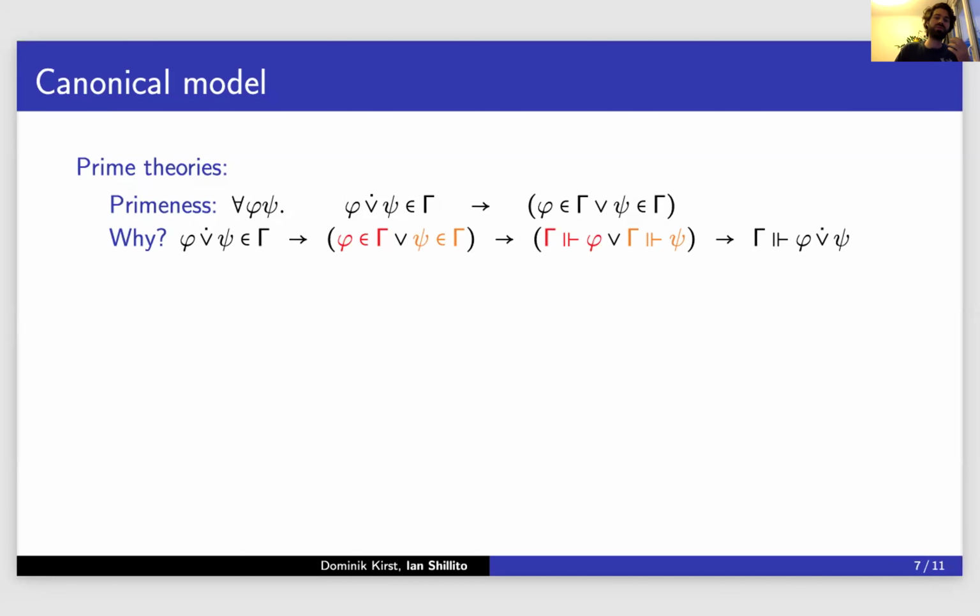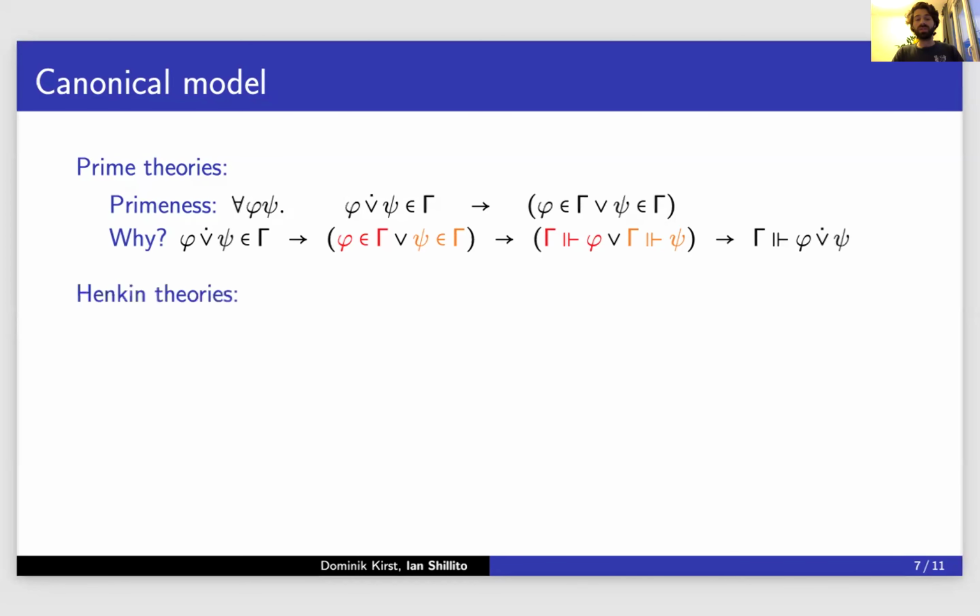And remember that usually the truth lemma, we prove it by induction on the structure of the formula. So in the truth lemma context, we'd be able to apply the induction hypothesis here, which would equate membership with forcing. So that would entail that if one of the disjuncts is in gamma, then gamma has to force one of the disjuncts. And so that means that gamma forces the disjunction. So we can prove one of the cases of the truth lemma by making sure that our theories are prime.